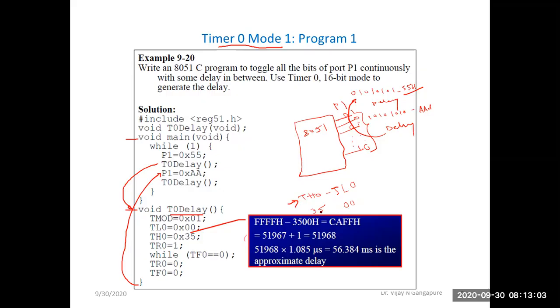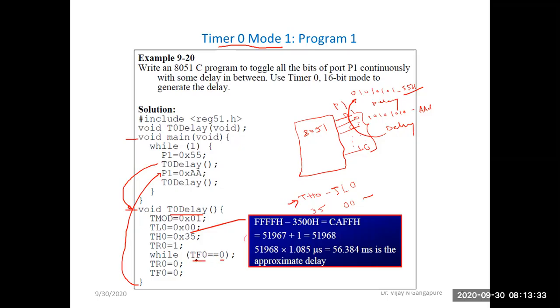So the count in TH0 and TL0 starts incrementing, from 3500. After turning on the timer, what we have to do: while TF0 is equal to 0, this is the equal-to relational operator, it is comparing the value in TF0, the timer flag of timer 0 in TCON, with 0.